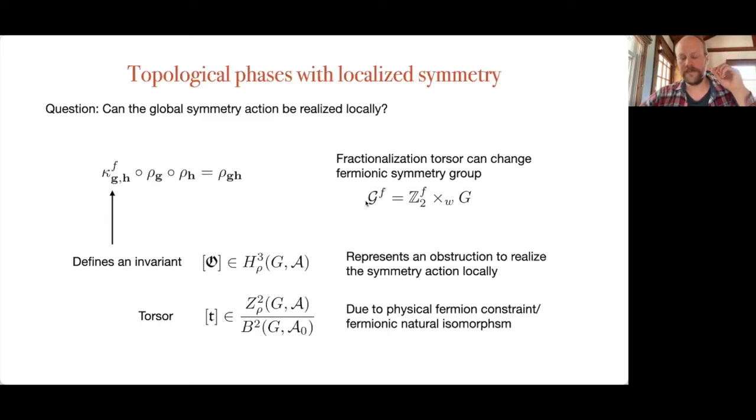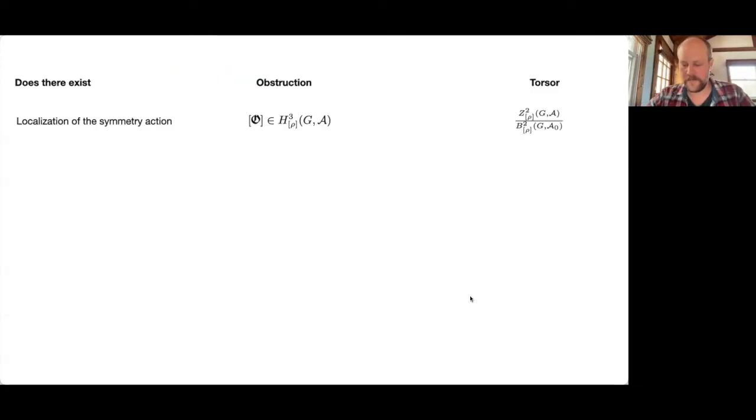So if we fix our global symmetry group GF, then this torsor will actually be valued in H2 of G in the abelian quasi-particles A0. So now, there's lots of obstructions that appear when you go through this classification, and I just want to list them off and give some intuition for them.